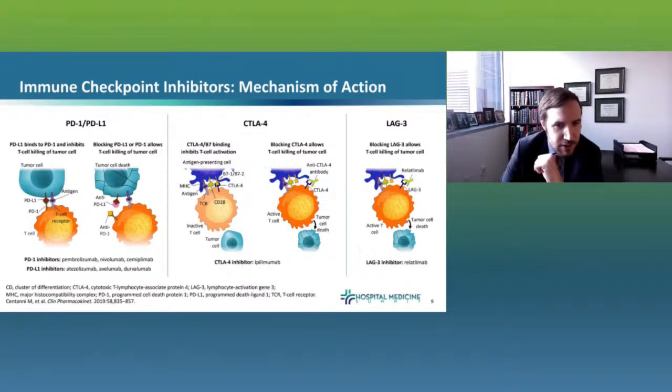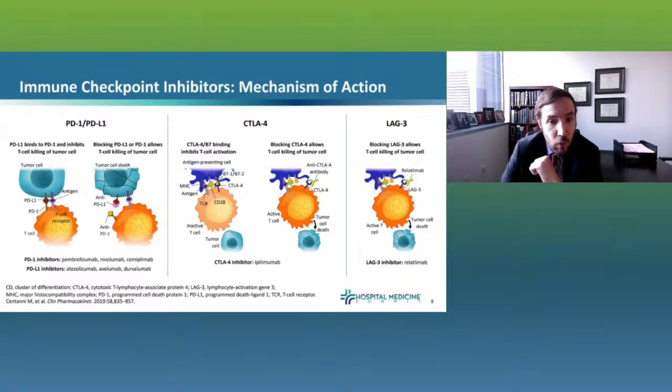Essentially, you can think of it as the PD-1, PD-L1 axis is actually occurring in the tumor microenvironment where the T cells are interacting with the actual tumors. And CTLA-4 is happening higher up and oftentimes away from the actual milieu of the tumor microenvironment.